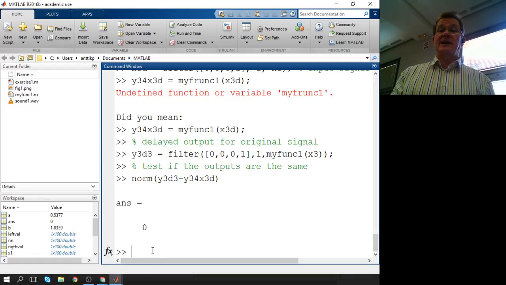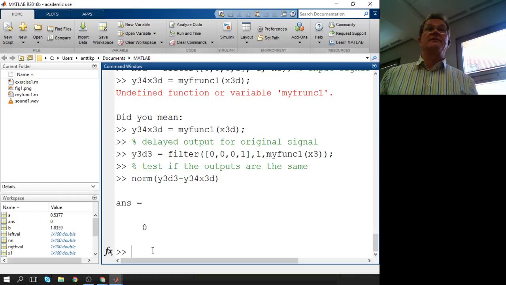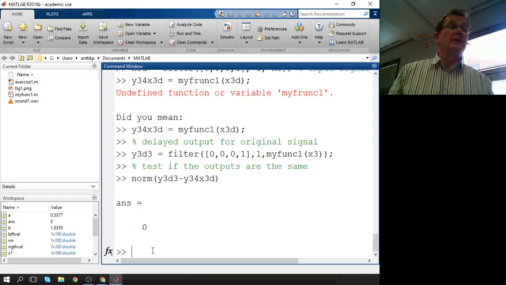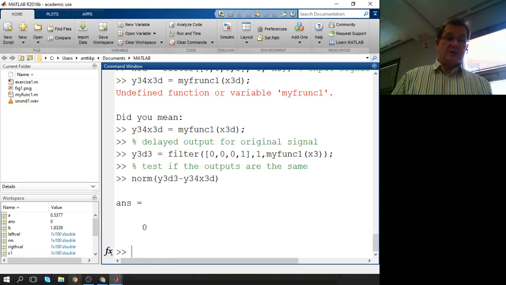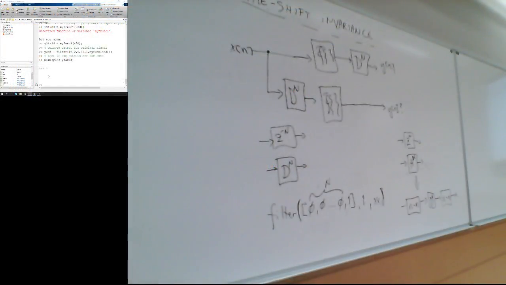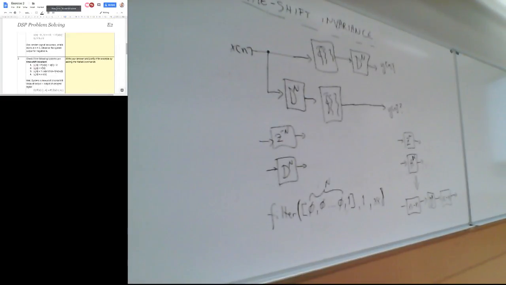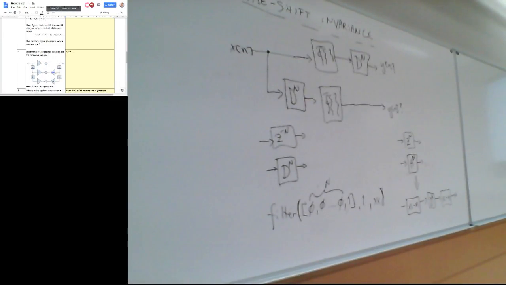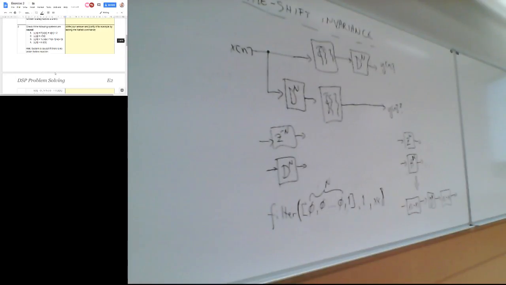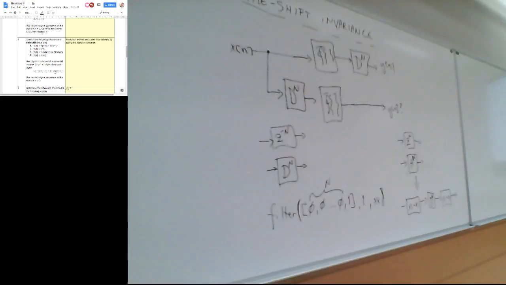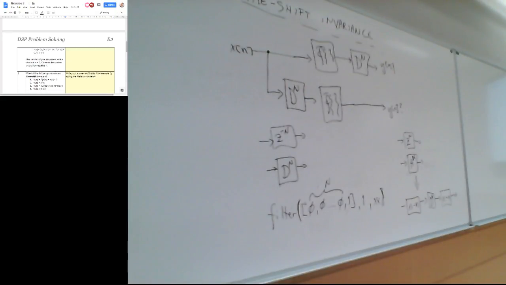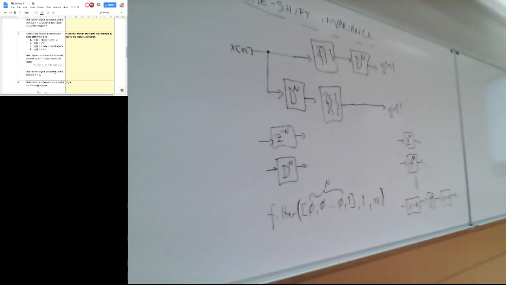If not, this value would be remarkably different from 0. Okay, that was time shift invariance.